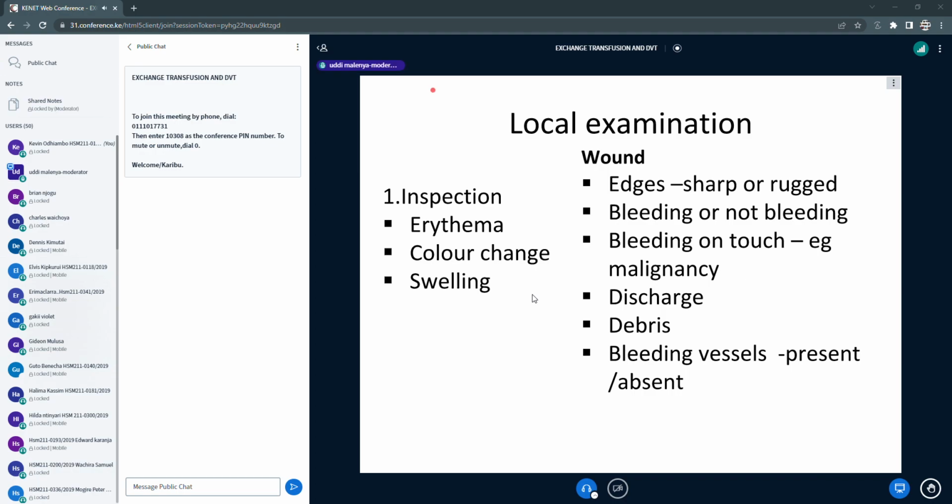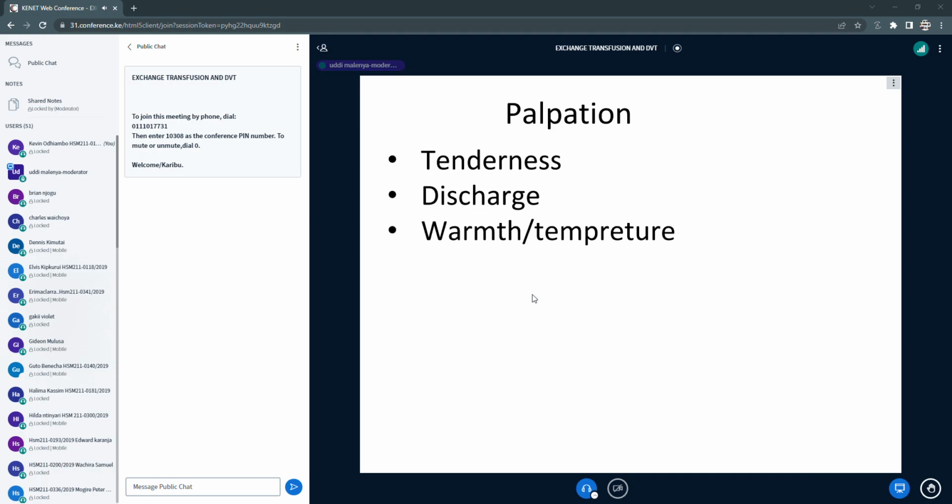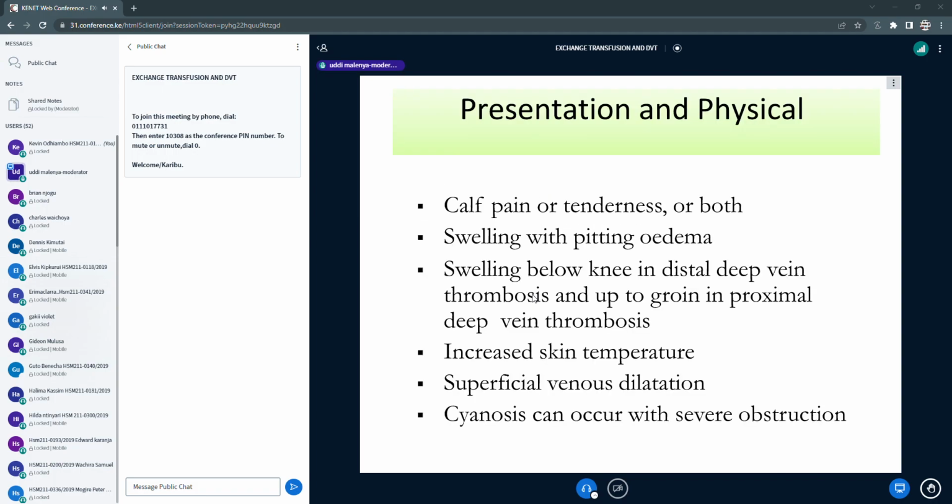On local examination, when you inspect, you see there is erythema. Sometimes you have color change and swelling. This is about the wound. Check for tenderness, any discharge or warmth while palpating.